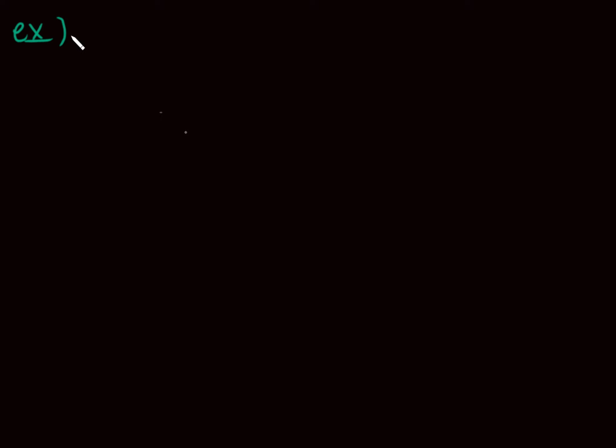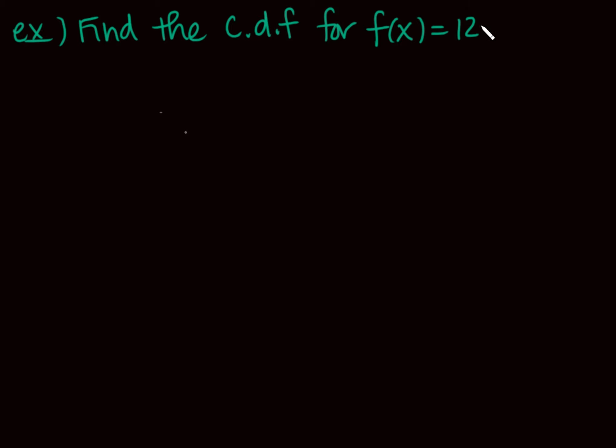Okay, so find the cumulative density function, I'm going to call that CDF, for the probability density function, little f of x equals 12x squared minus 12x cubed. We know it's a probability density function because we proved that for x between 0 and 1.